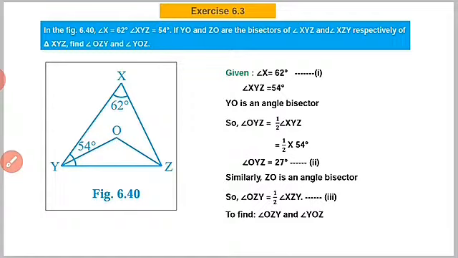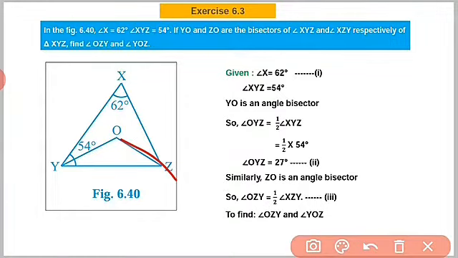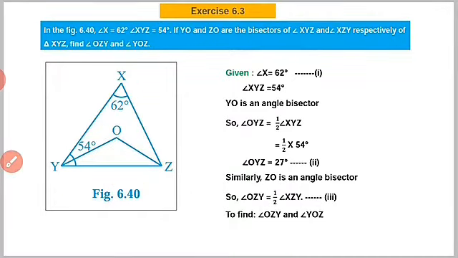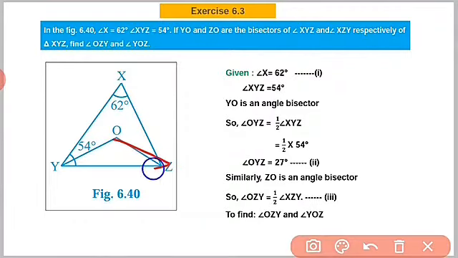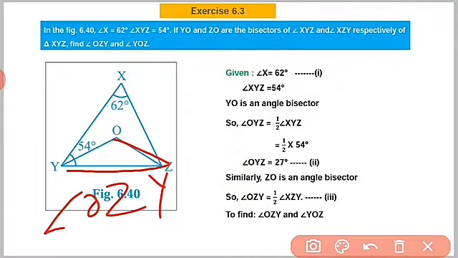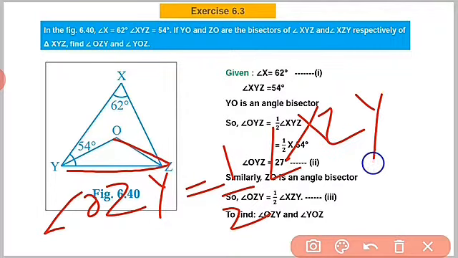We are also given that OZ is an angle bisector of angle XZY. So what will be the value of OZY? So angle OZY will be half of angle XZY.